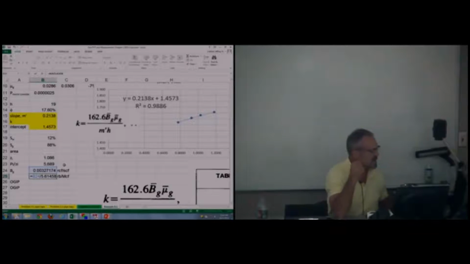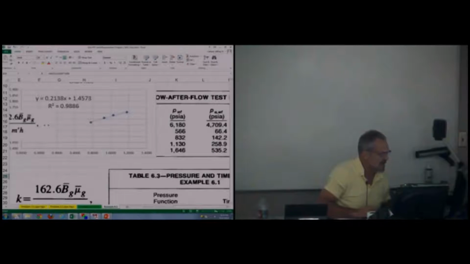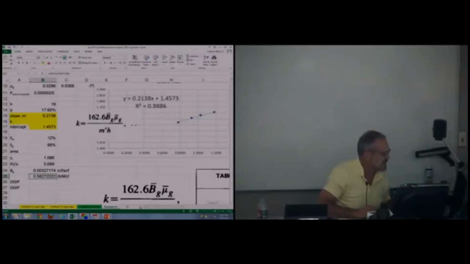And to get it to MCF, there's 1,000, so I've got to multiply by 1,000, and then I should get a number close to what they got. That I do 58778. And there's no viscosity in here, so it'll be very, very close. So let's just use my number. Forget the fact that they didn't give us a number.